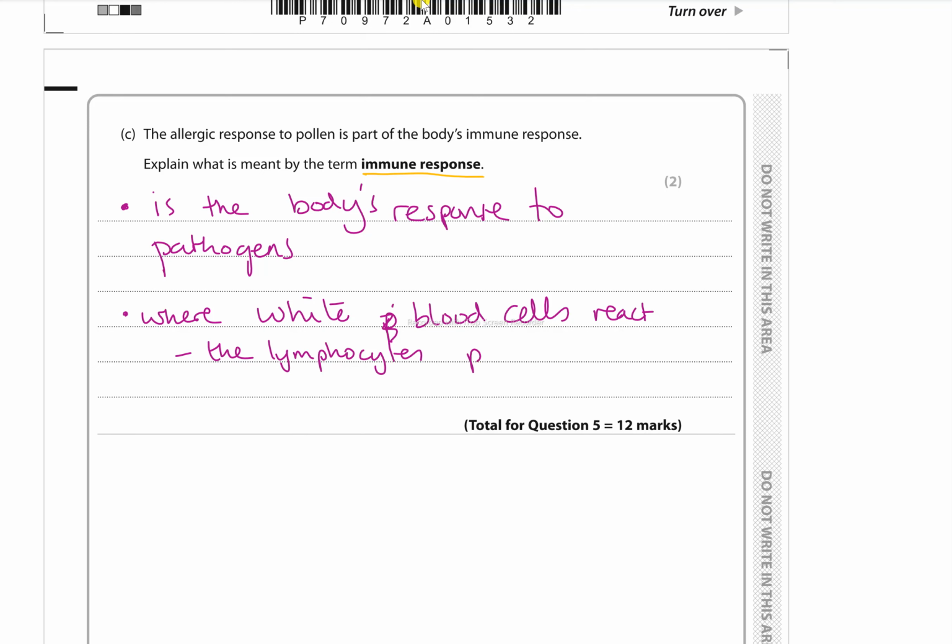Lymphocytes produce antibodies, and the phagocytes engulf pathogens and digest them and kill them.